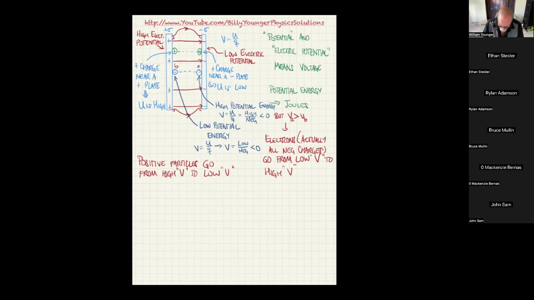I've already given you, for instance, that delta U is equal to UB minus UA, which equals the negative of the work done, which equals the negative integral of F dot dl, and this has to be the conservative force.